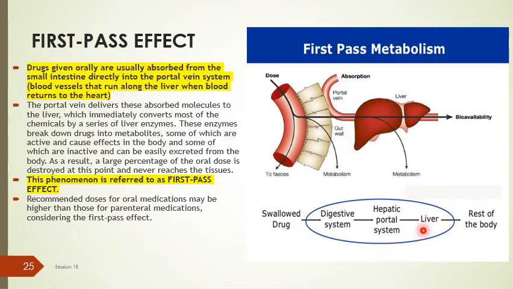It will enter the liver system, and the 25 that stays here is the one that will be distributed to the area where the drug is needed. So instead of having 100 from the beginning, the amount actually distributed is only 25. I hope you understand this. This is what we call the first pass effect metabolism.